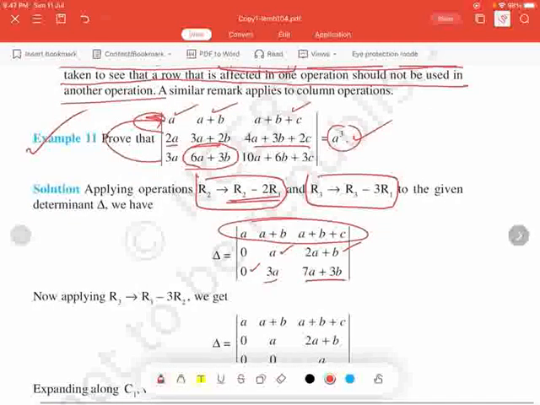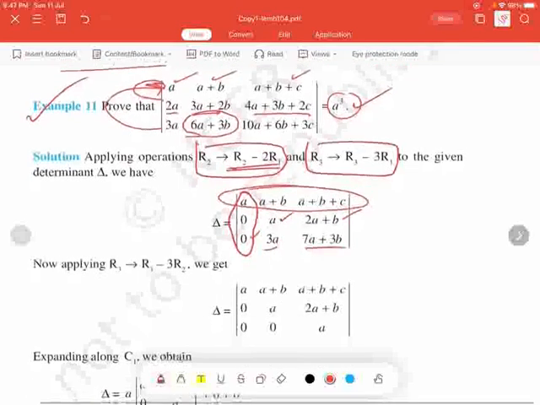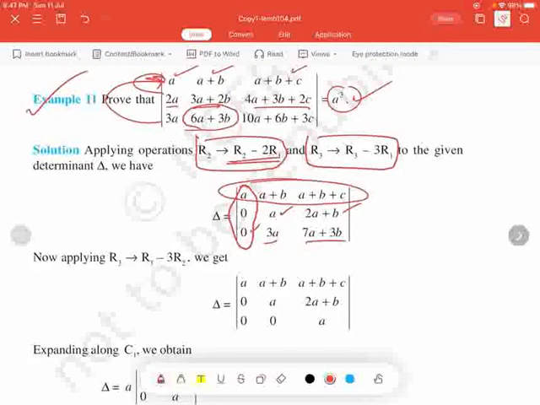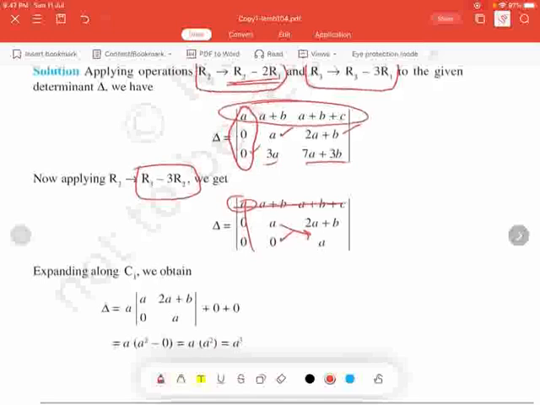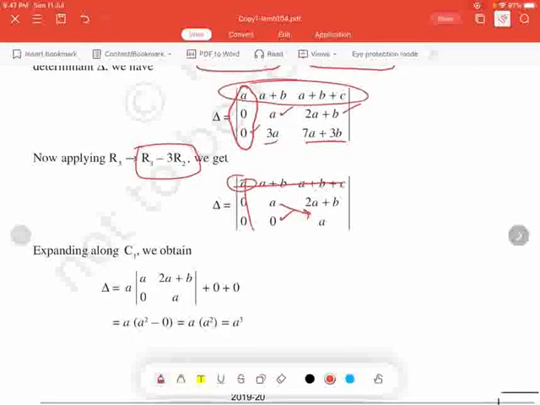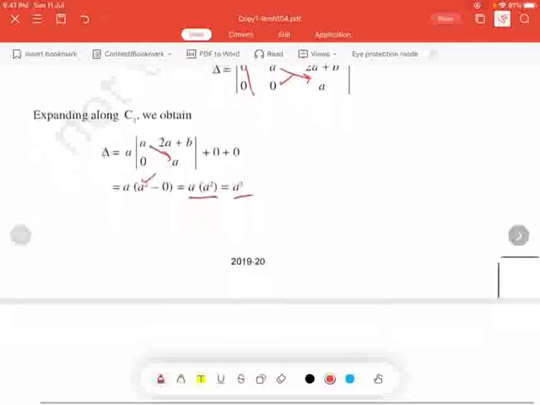Now we can expand it along the first column if you like, or you can apply more operations. Here the operation R3 minus 2 times R2. By this we will get one more 0, and now we expand it along column 1. So this is A minus A into A into A, this is A square, so it will become A cube.